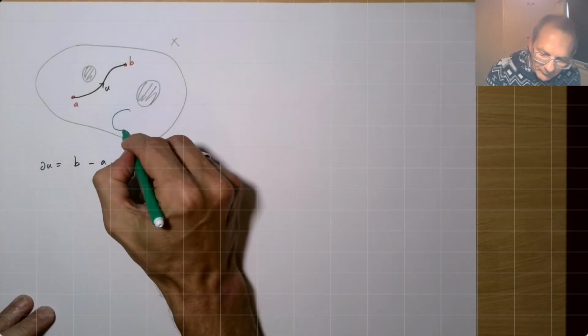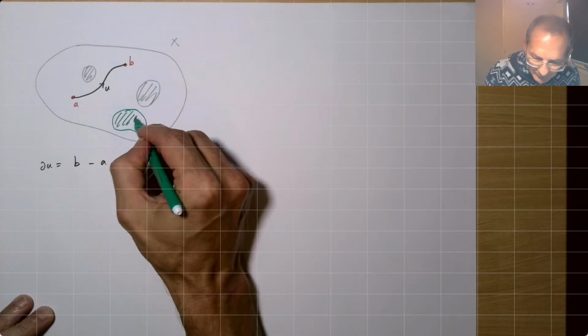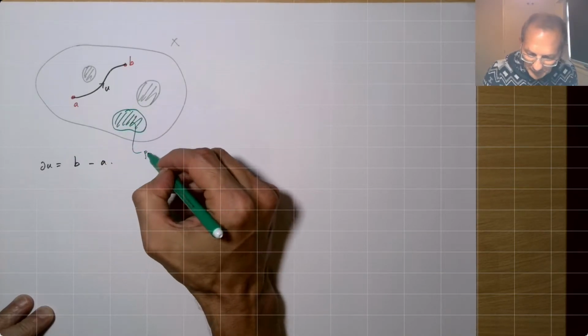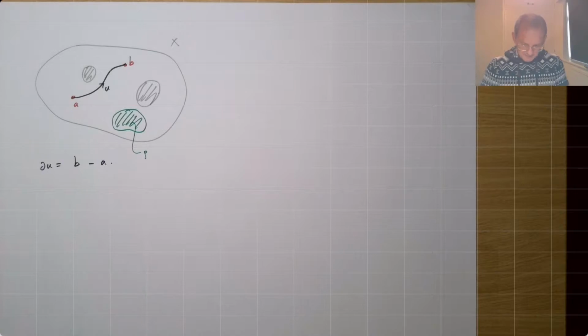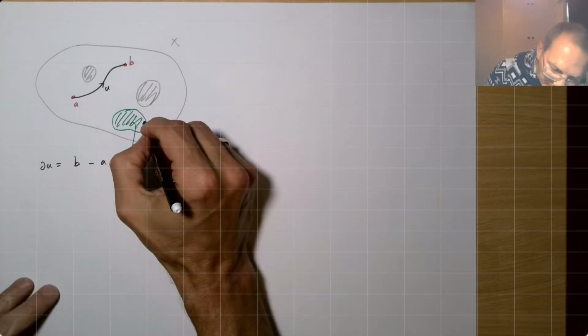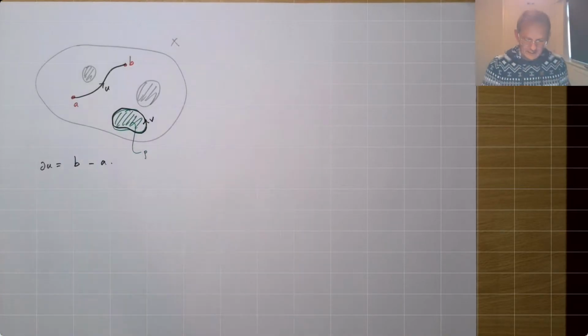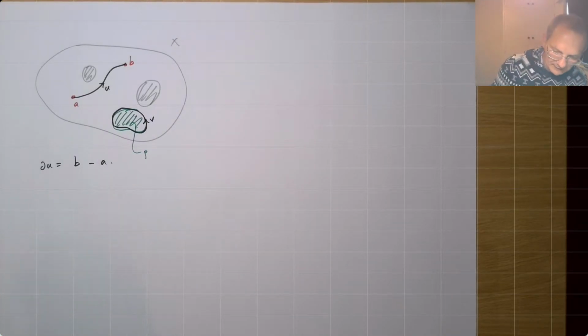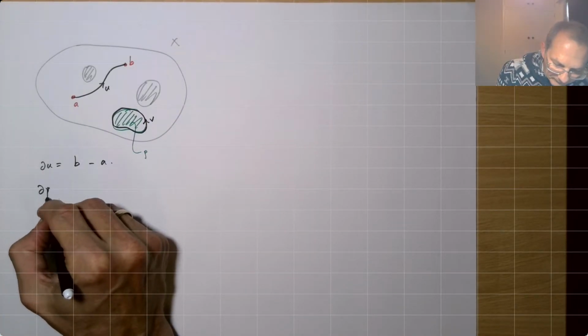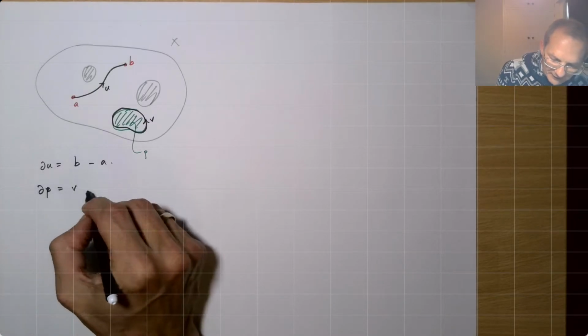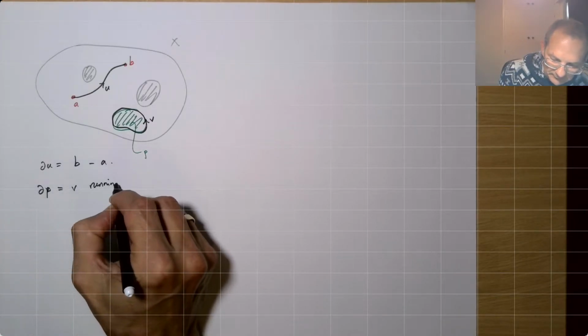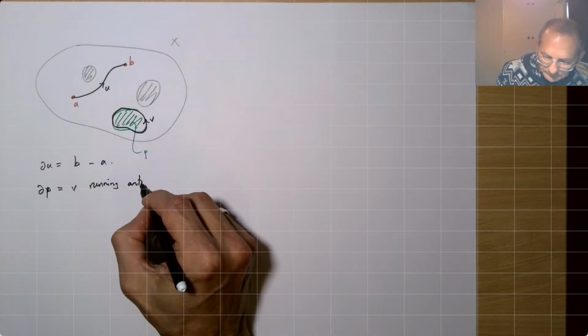And then similarly, when we do two-dimensional things like this, here we might have a region that we're going to call P, and then the boundary of this is going to be this path going around here that we're going to call V, and the rule is going to be that dP is going to be V running anti-clockwise.